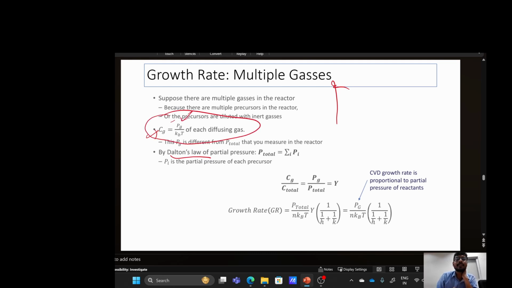Pg is different here. Pg is the partial pressure of the gas, if there are Pg1, Pg2, Pg3, Pg4, several gases. So Pg is not the total pressure, but the partial pressure of that particular gas.